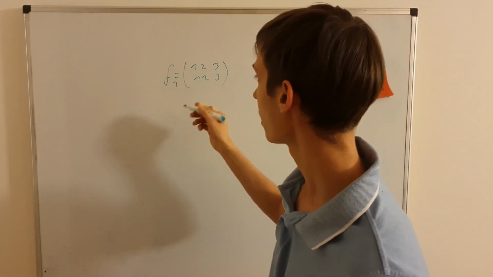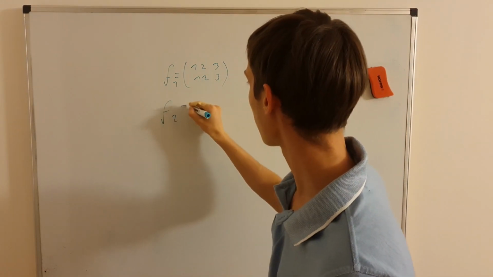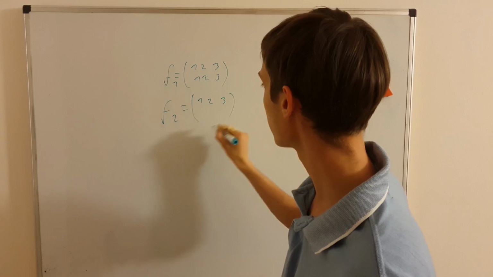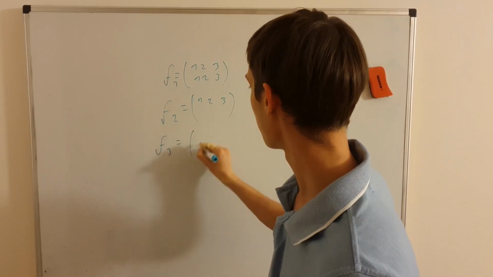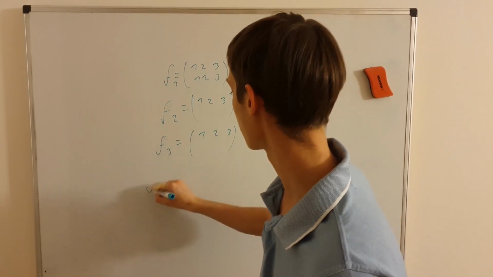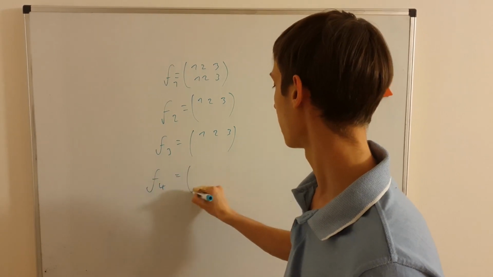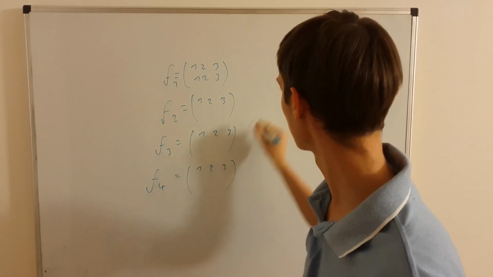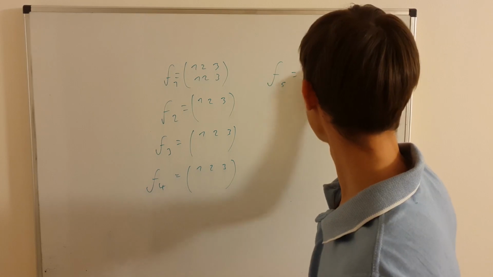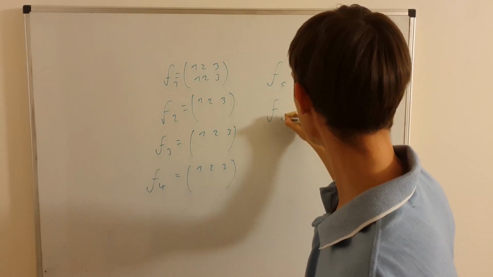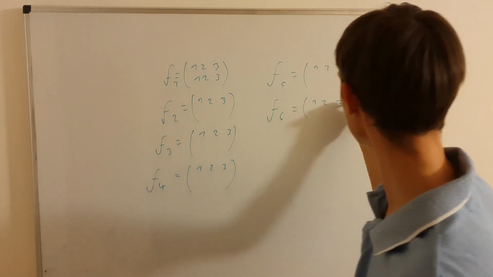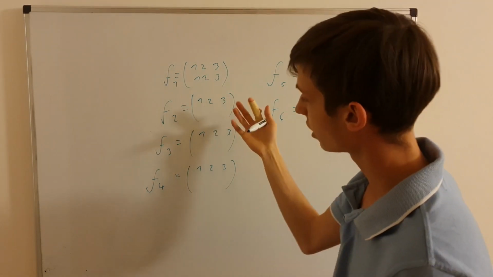The other permutations are all the different options where 1 till 3 is still on the top, but on the bottom there are different permutations of the three numbers 1, 2, 3, up to f6. Just these three numbers, their positions are changed.